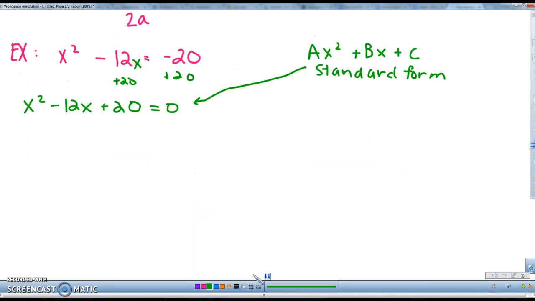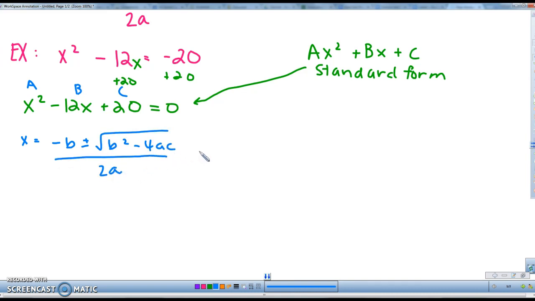Then, it is sometimes helpful if you label above your things A, B, and C, I'm going to start plugging into my formula. Of course, I always write my formula to start, so I have x equals negative b plus or minus square root b squared minus 4ac divided by 2a. And I'm going to start plugging things in.